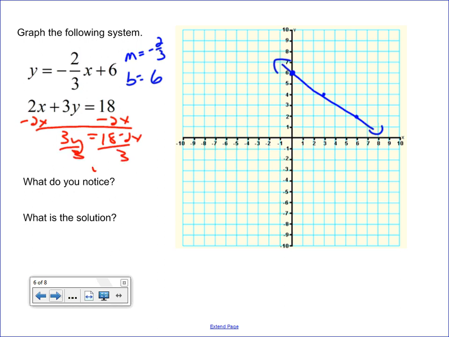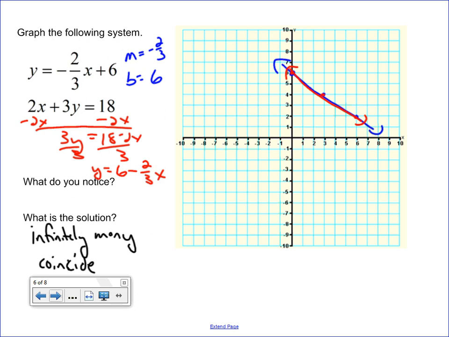Divide by 3 and you'd have y is equal to 6 minus 2/3 x. So I'd have a 6, and I go down 2 over 3. And what we should notice in this case is that it is the same line. So how many solutions are there? We'd say that there are infinitely many solutions. And we say that the lines coincide.